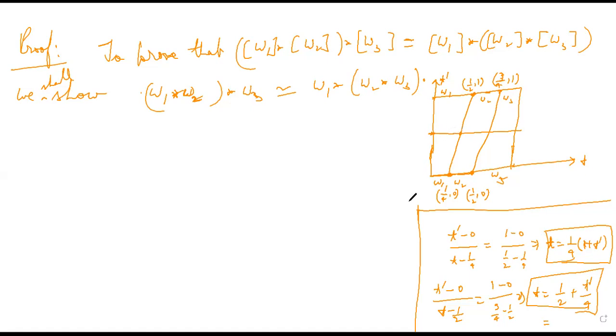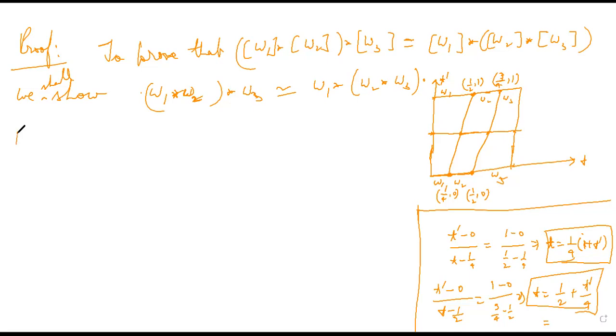Here your omega 1 should be traversed, omega 1 should be complete. And then from this t to this t, omega 2 should be complete. And then from here to here, omega 3 should be complete. So the formula for homotopy will be like this.